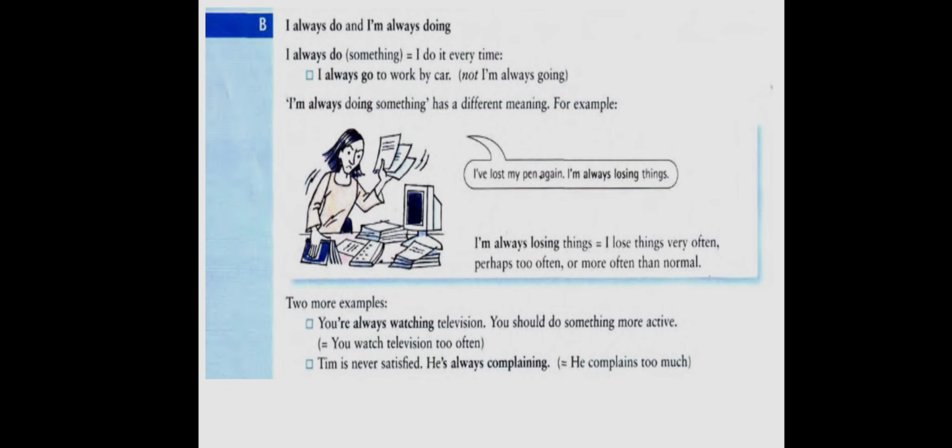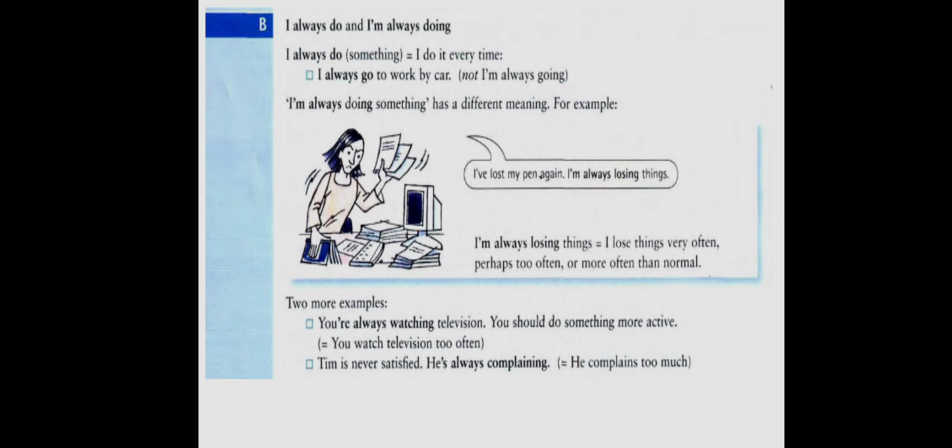A repeated action here, but it is a negative action. That's why we use always with the present continuous when the implication of the action is negative. I lose things very often, more than normal, perhaps too often.